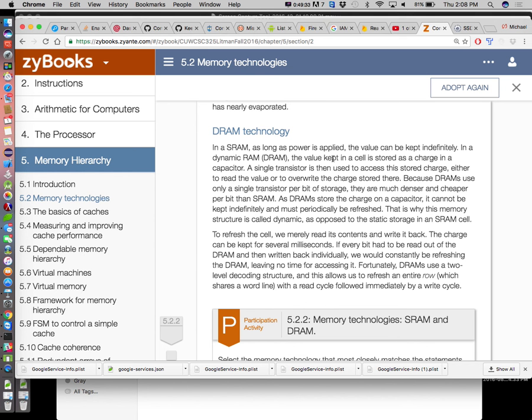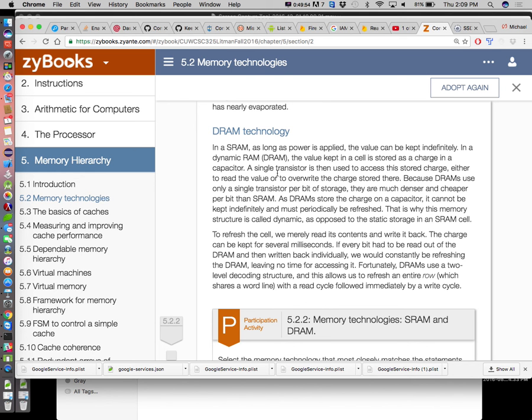Once it hits its capacity, it sits there. It doesn't take any more, but it can be drained. As long as the capacitor maintains its charge, we haven't lost any data. This is going to be an important part to understand.